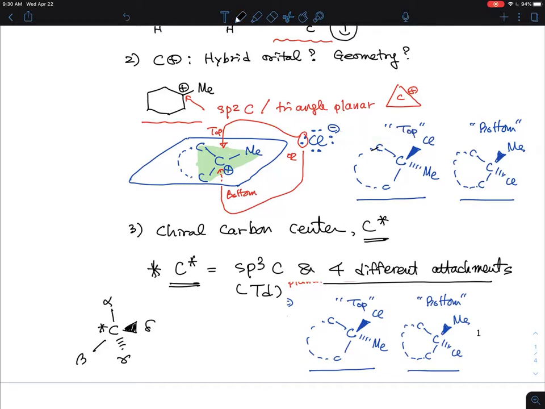So this was a, okay, this is not 5. This is a 6, it has to be 6. So this ring looks something like this.